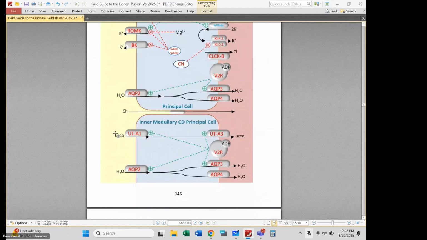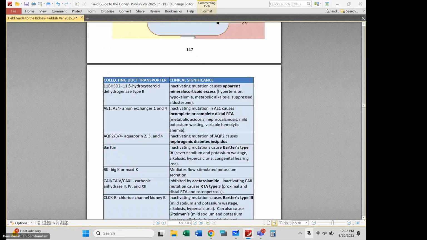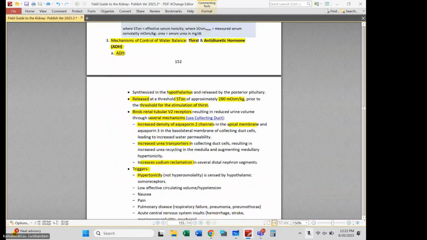He's saying that urea can function as an osmotically active particle in some places, but not in others? Well, that is because you have urea transporters that are constitutively expressed in most of your cells that allow for that permeability of urea to occur. It's regulated in the collecting duct, where urea can function as an osmotically active particle. Okay, that's how you reconcile those two statements.